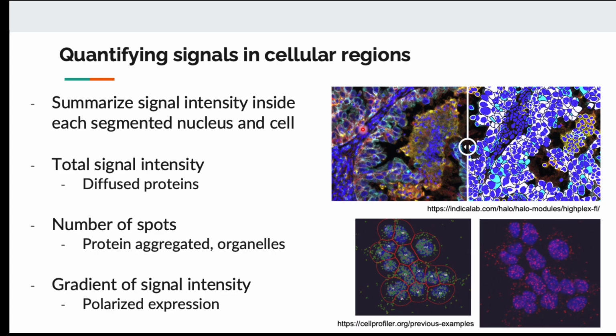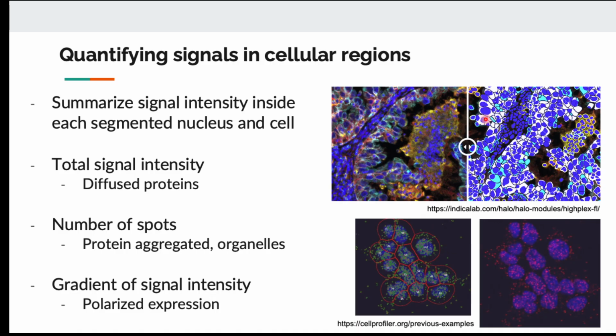You stain each protein with a different fluorescent color, and when you activate the fluorescence for that protein, you're going to see one image for each protein. Usually blue is for the nucleus, and the yellow, green, red are for different proteins.